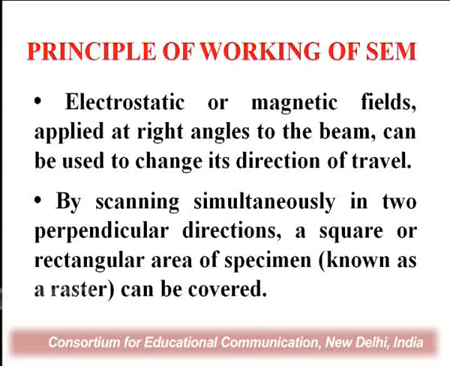Next, by scanning simultaneously in two perpendicular directions, a square or a rectangle area of the specimen can be covered. That rectangle area of the specimen is called the raster. Means we are using the electron beam, and this beam scans the square or rectangle area of the specimen.